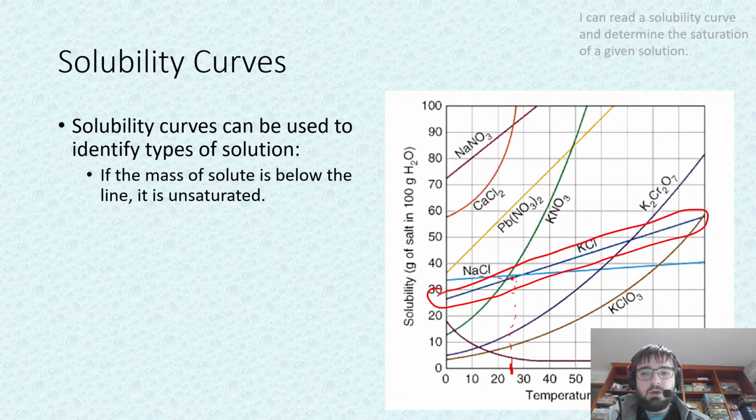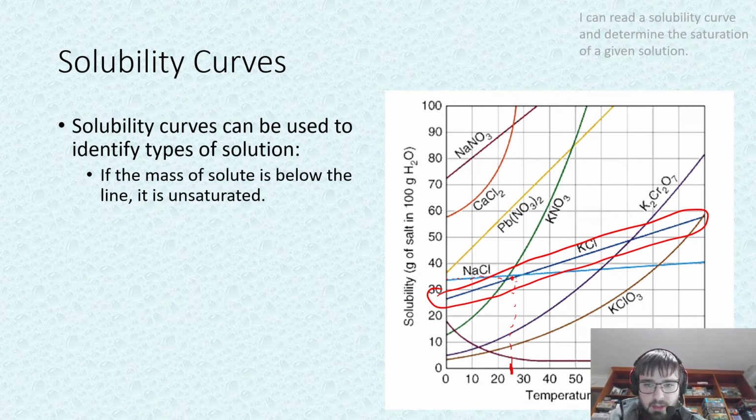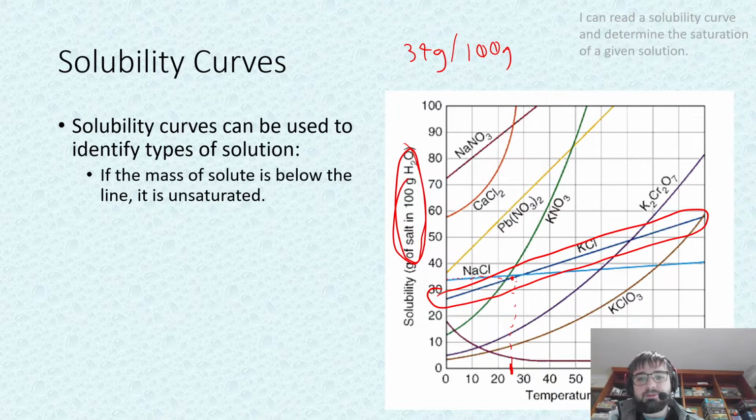And then we'll follow it across and read off the y-axis. So what have we got there? That's about 34. Let's say that can hold 34 grams per 100 grams there because that's our unit on the y-axis.